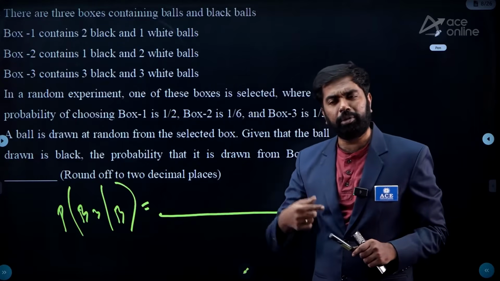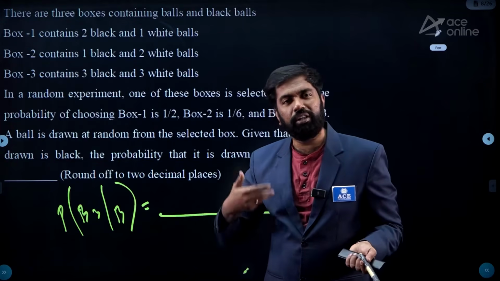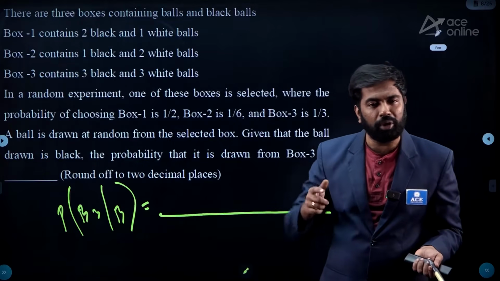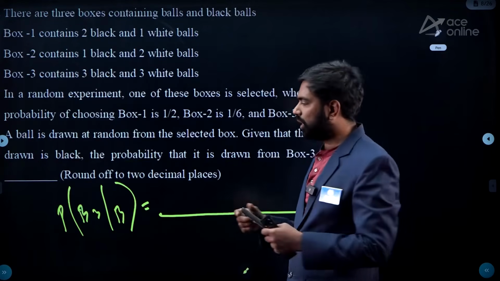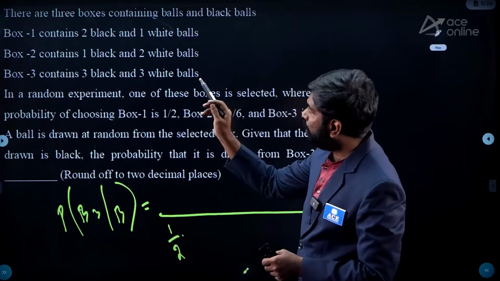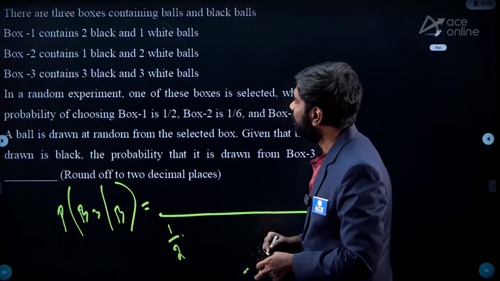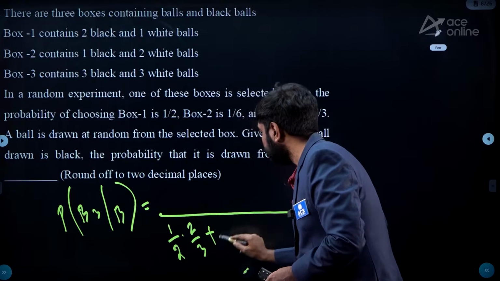A black ball can be drawn from box 1 or from box 2 or from box 3. Look at the way the sentence is created. Choosing box 1, the probability is 1 by 2, into, if you look at box 1, drawing a black ball is 2 by 3.